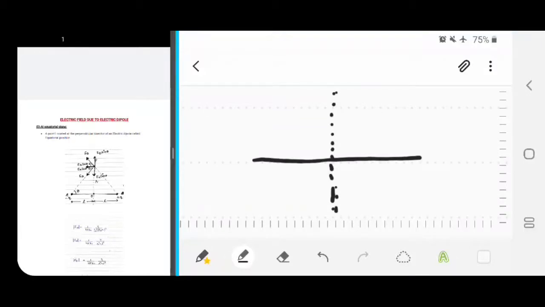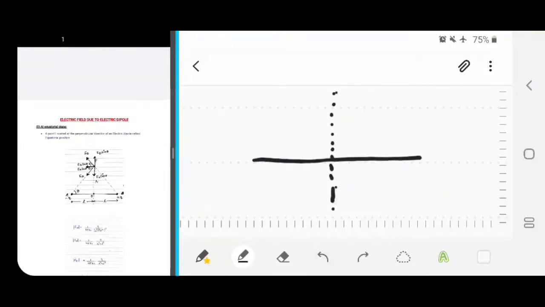It is the perpendicular bisector of this line. So any plane which is going perpendicular to this line which I have drawn is called the equatorial plane.